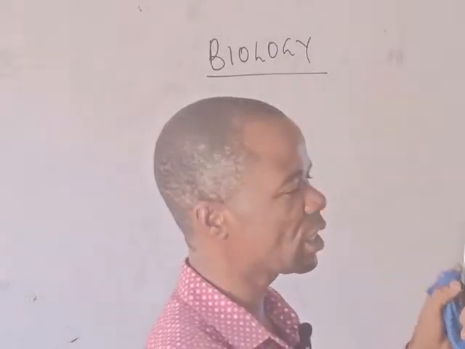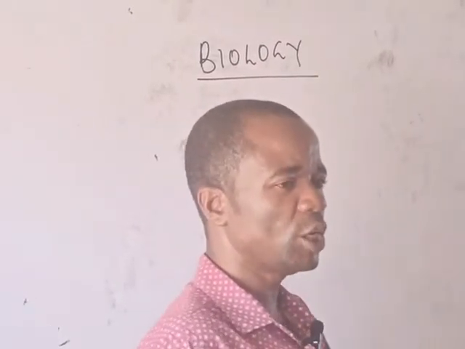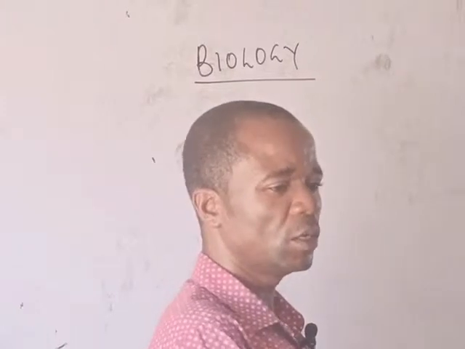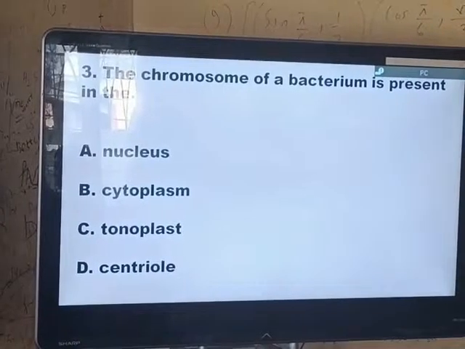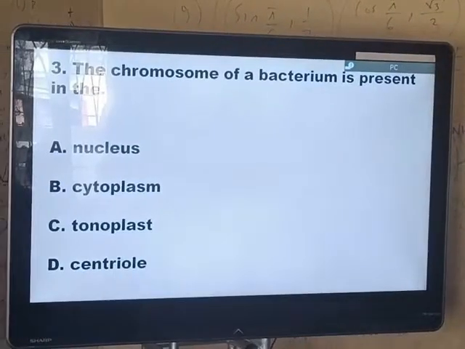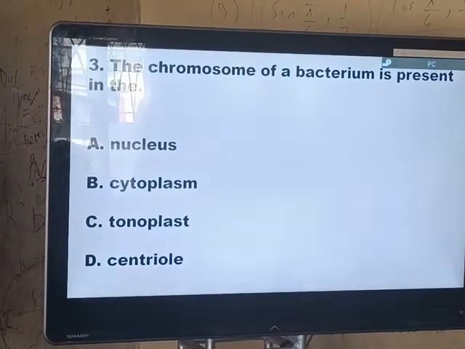First things first, we know that all bacteria are categorized as prokaryotic cells. And what's a prokaryote? A prokaryote is always lacking membrane-bound organelles like nucleus. So essentially, the chromosome of all bacteria is present not in the nucleus, but in option B, cytoplasm.